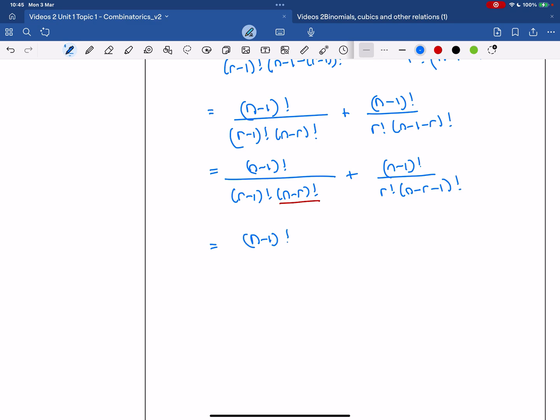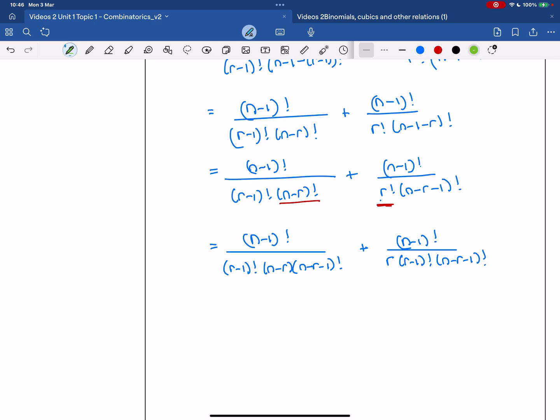And the reasoning behind doing that is that it's going to make my lowest common denominator a lot easier to find. So, watch this. So, r minus 1 factorial stays, but I can write n minus r factorial as n minus r times n minus r minus 1 factorial. And then n minus 1 factorial stays, but I could write this r factorial as r times r minus 1 factorial times n minus r minus 1 factorial.